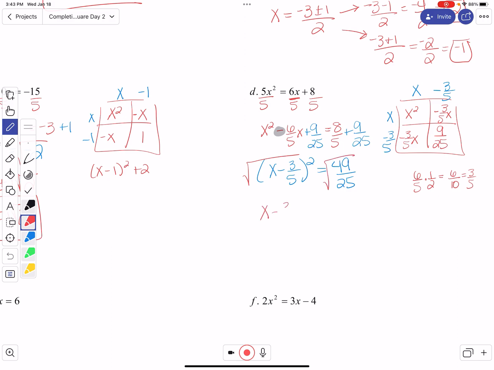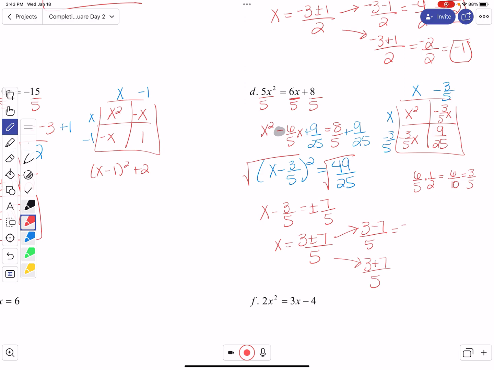So I have x minus 3/5 equals plus or minus the square root of 49, which is 7, over the square root of 25, which is 5. If I write this as one fraction, that 3 becomes positive, plus or minus 7 all over 5. I've got my two problems to work out: 3 minus 7 over 5, and 3 plus 7 over 5.